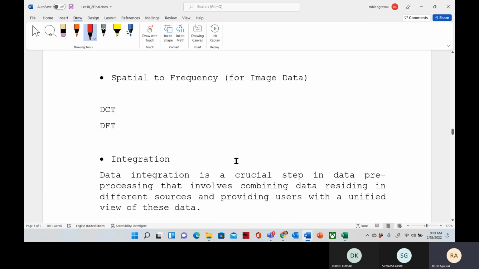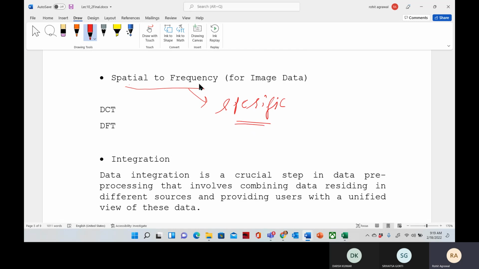I have already told you these. Spatial to frequency: my original image is in the spatial domain. This is only for a specific application purpose, not the general idea.